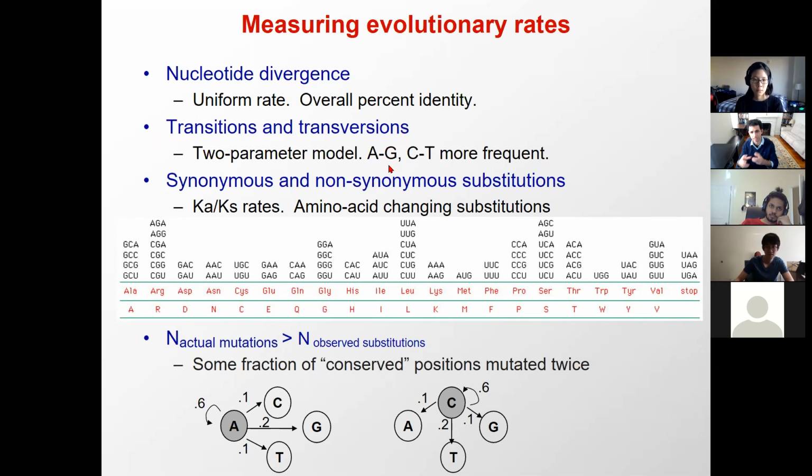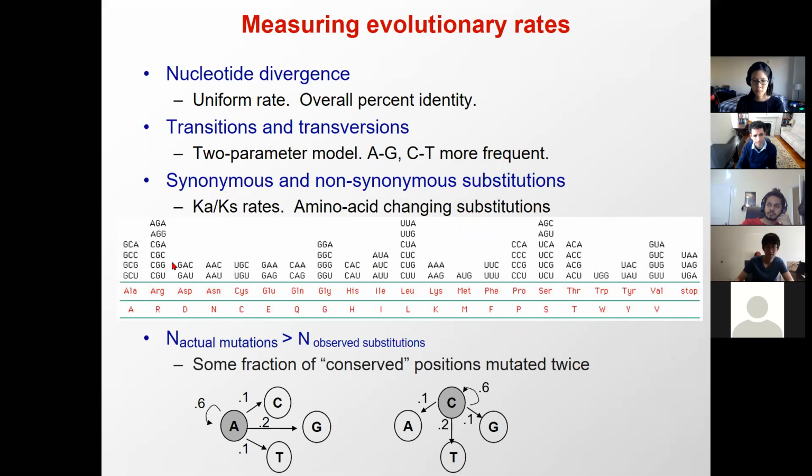So it's actually easy to confuse them. You can sort of swap one for the other. So that's modeled through a two-parameter model that we're going to see that actually allows for transitions and transversions to have different rates of interchange. Another model could be even more fancy to basically look at synonymous versus non-synonymous substitutions.